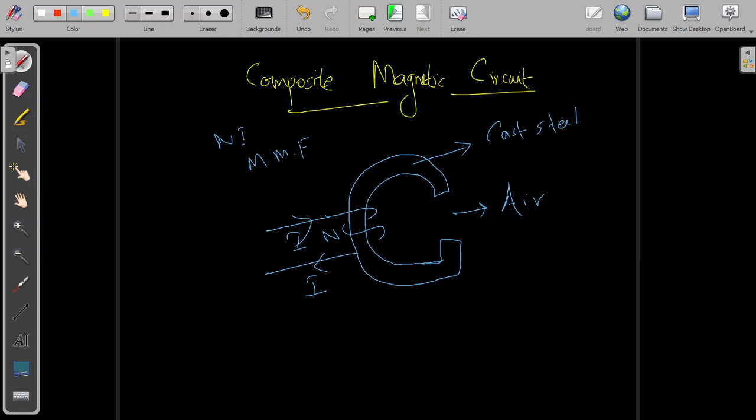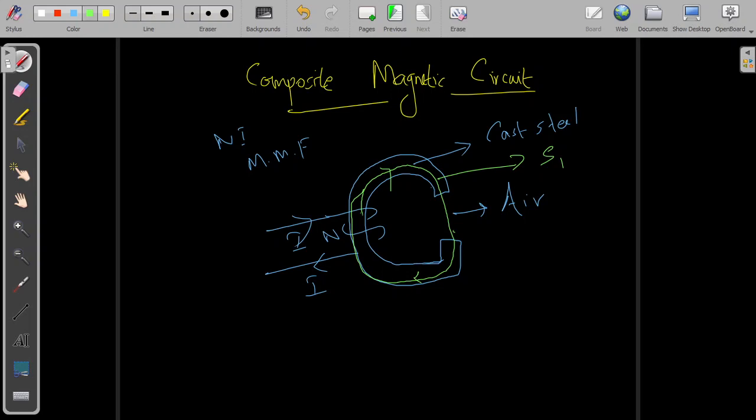The flux will flow in this manner. But when traveling from cast steel to air, when it is traveling through the cast steel, it will experience an opposition or reluctance S1.